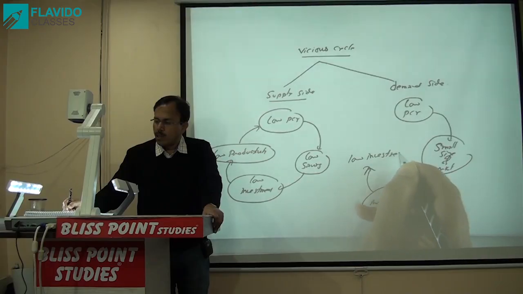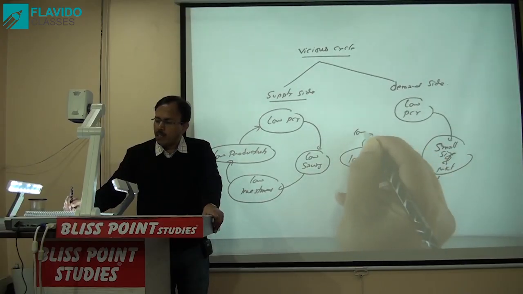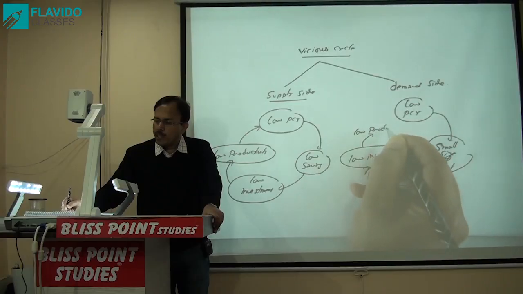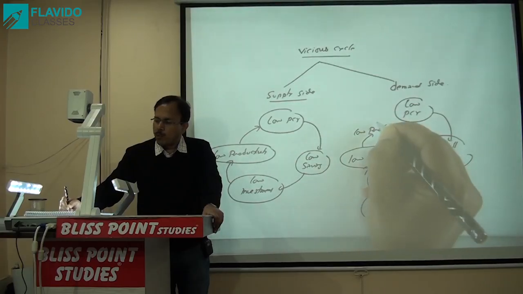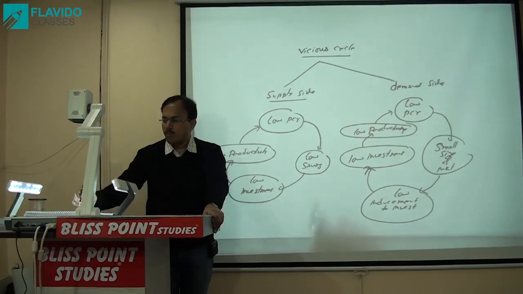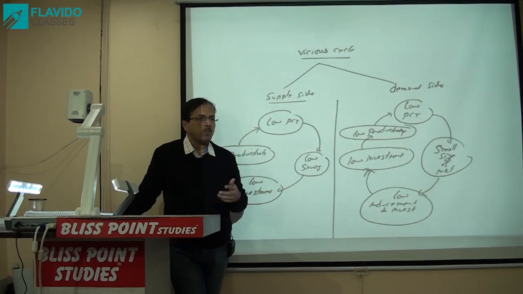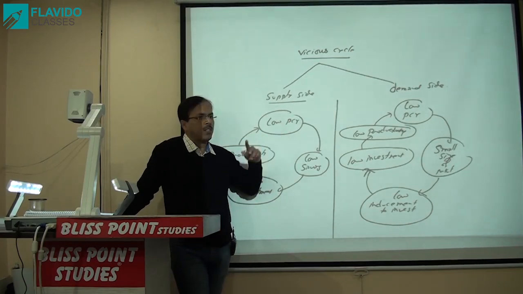With low investment, again there will be low productivity, and with low productivity there will be lower income. So Nurkse basically says that a country is poor because, to begin with, that country was poor.